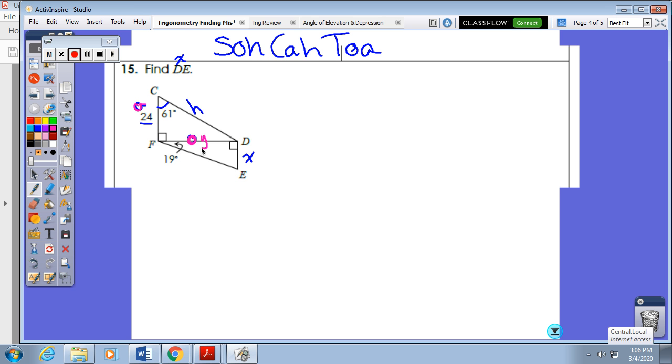So opposite over adjacent is tan. So tan 61 degrees is going to be equal to y over 24. Cross multiply and solve. So when I cross multiply, I get y equals 24 times tan of 61.